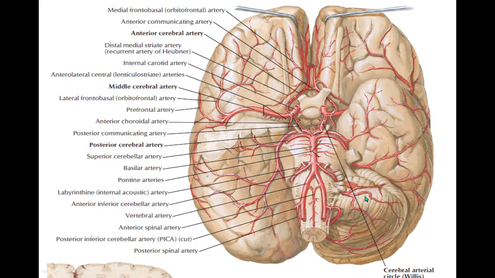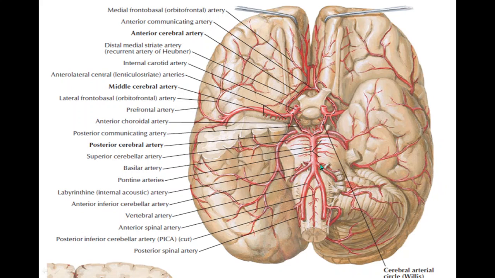So three arteries are concerned with the cerebellum: the superior cerebellar artery, the anterior inferior cerebellar artery, and the posterior inferior cerebellar artery. These are all branches from the vertebro-basilar system of vessels. The first branch is the posterior spinal, or maybe the posterior inferior cerebellar artery.